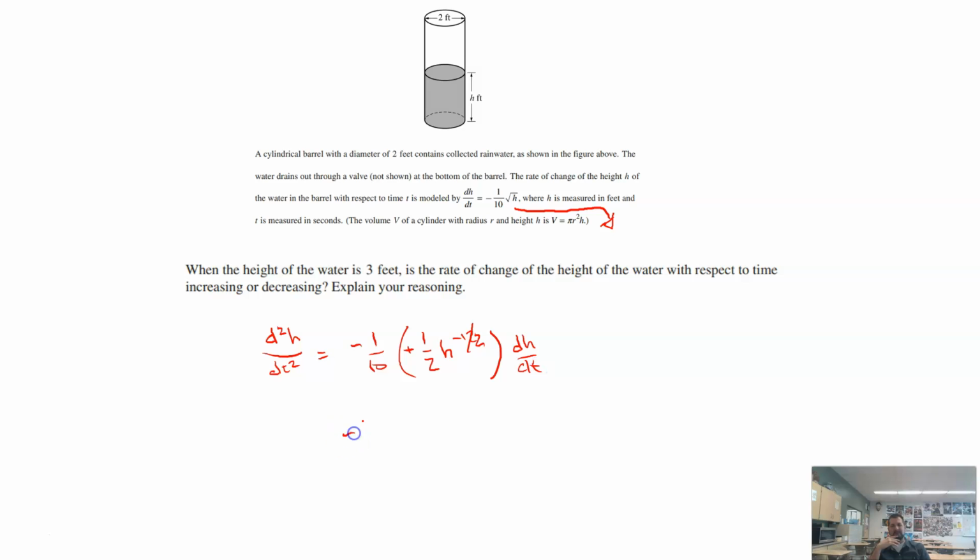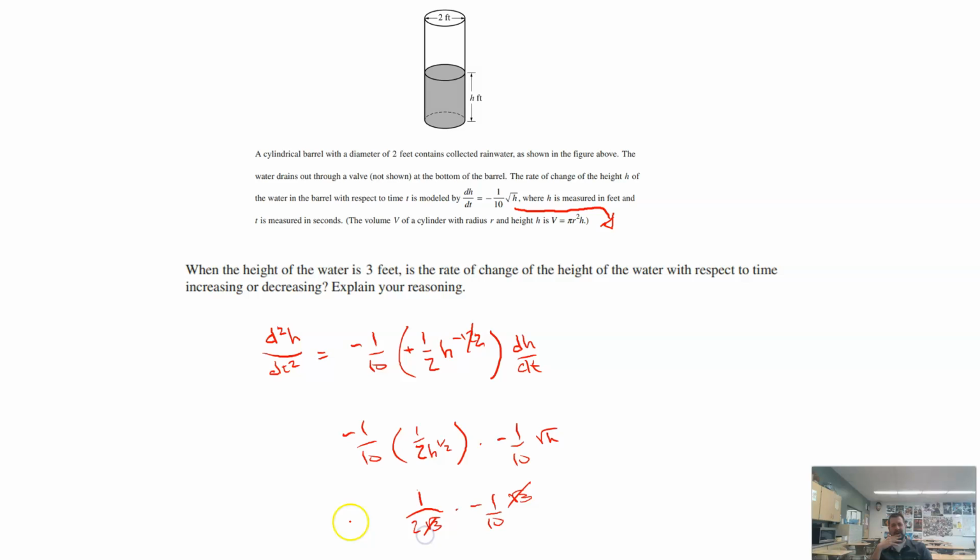Now I know that looks a little weird, but you get -1/10 times 1/2 h to the -1/2, which I'm going to move down to the bottom, making it h to the 1/2. And then we know dh/dt is -1/10 times the square root of h. So I take 3 and plug that in everywhere I see an h. So I get 1/2 times the square root of 3 times -1/10 times the square root of 3.